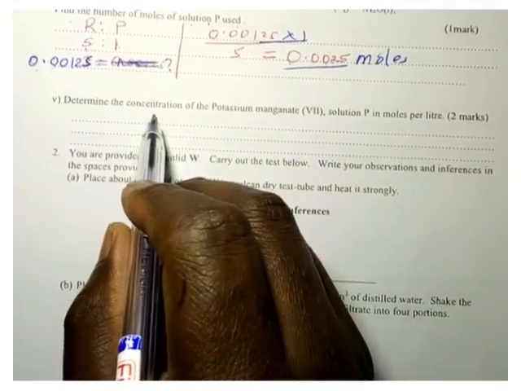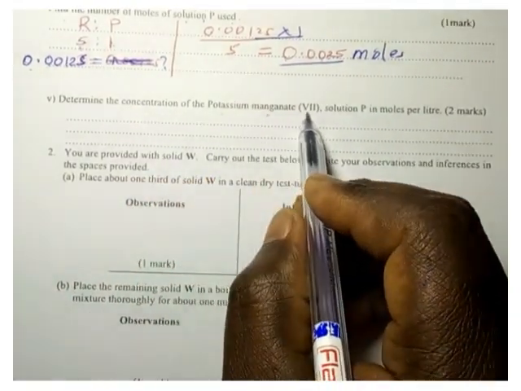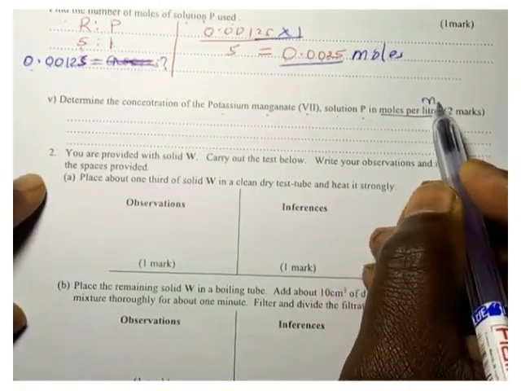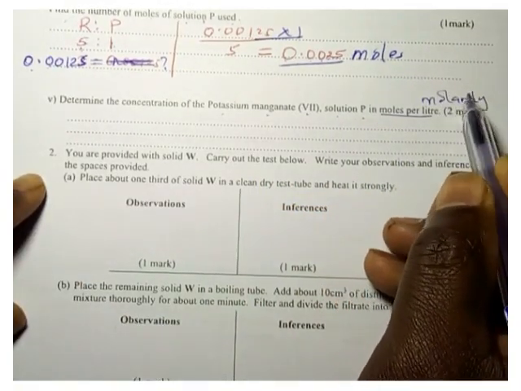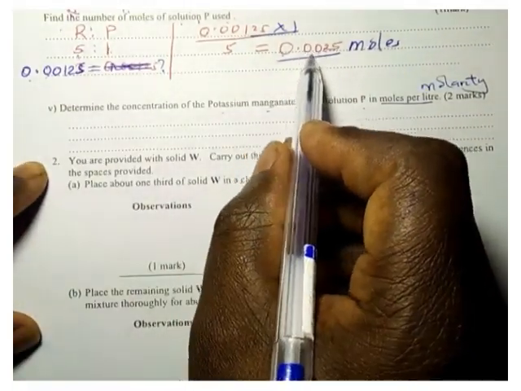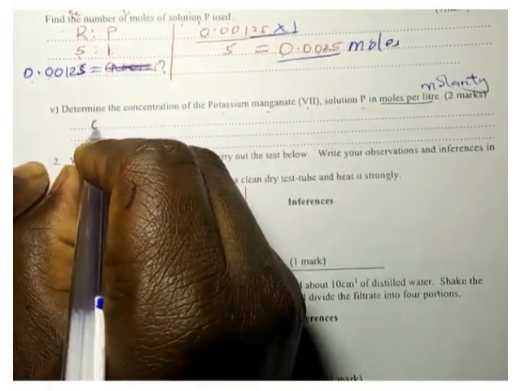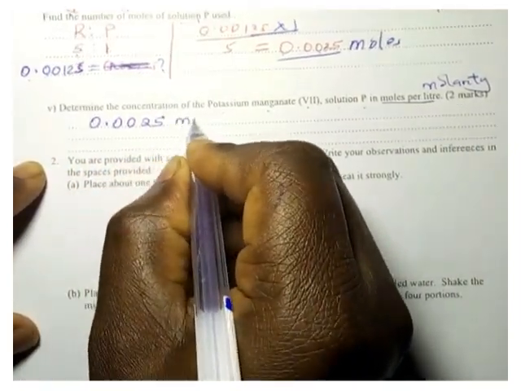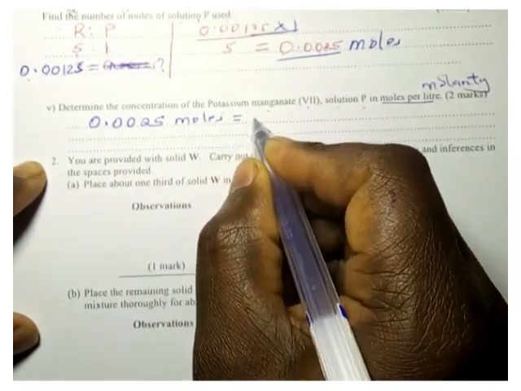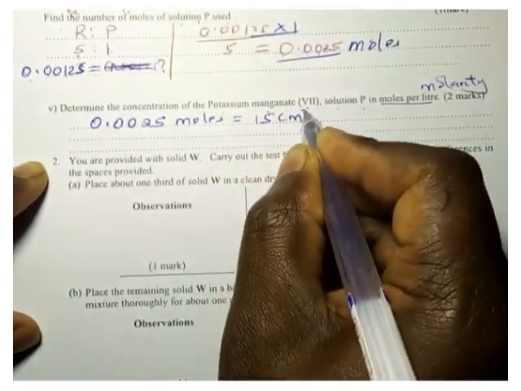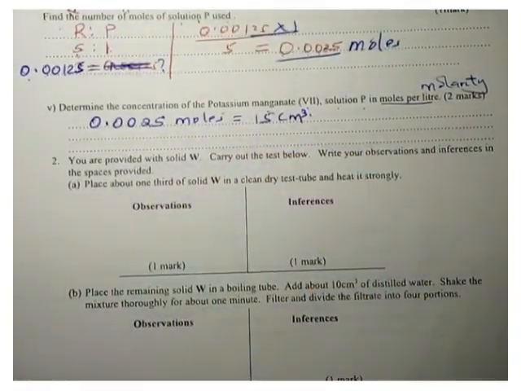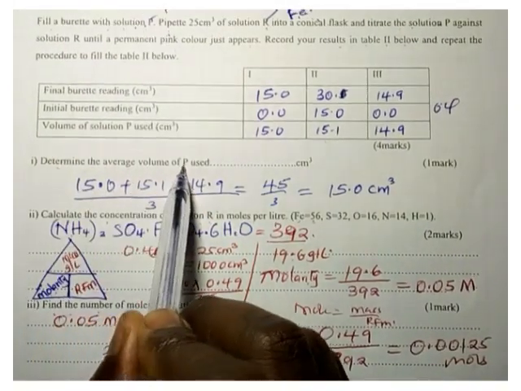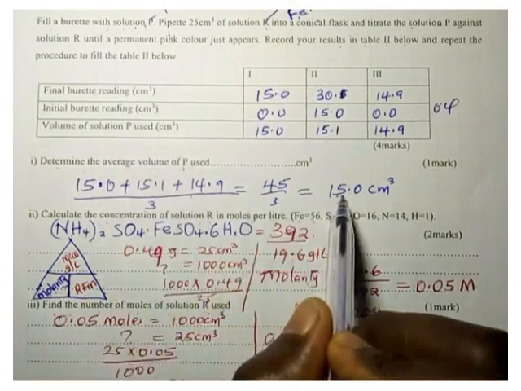Determine the concentration of potassium manganate 7 solution P in moles per liter. Moles per liter means molarity. But we know this is the number of moles of the volume used. So 0.00025 is the number of moles that was in 15 centimeters cube, because the volume was 15. Determine the average of P. P was potassium permanganate. The volume is 15.